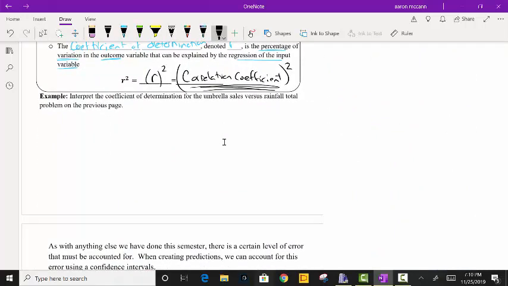And so it says interpret the coefficient of determination for the umbrella cells versus rainfall total.